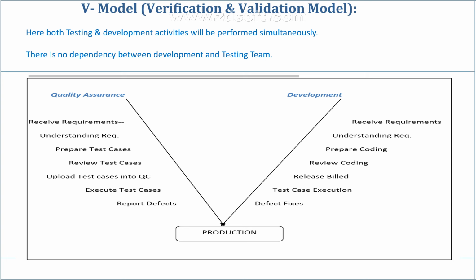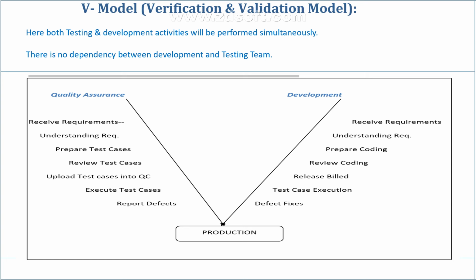So the V model is nothing but a verification and validation model. Here in the V model, both development and testing activities are performed simultaneously. Both the dev and testing teams get the requirements and both understand them. The developer will start writing the code and QA will prepare the test cases and test scenarios.